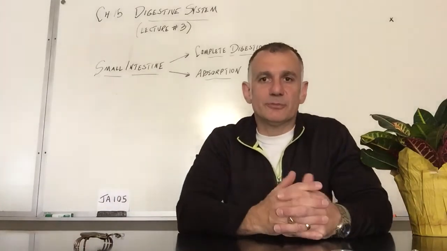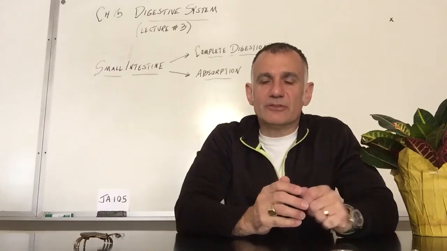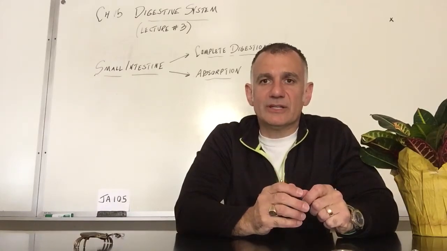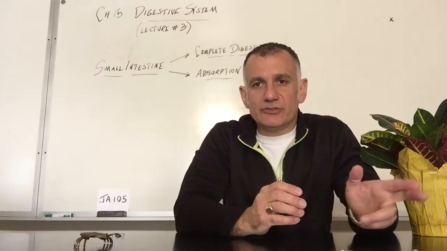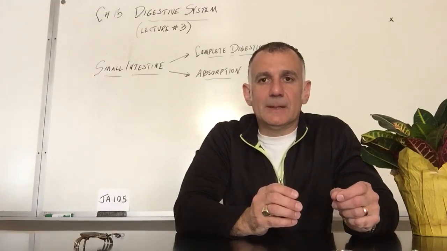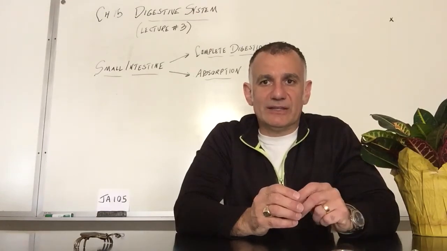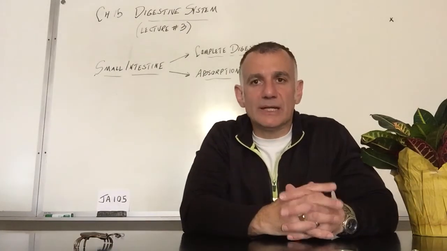So what happens in the small intestine? A lot of things. There are 3 regions of the small intestine: the duodenum, the jejunum, and the ileum. They look a little bit different anatomically, but they have different functionalities, different physiologies, and that's what I'm going to discuss with you. So the first region is the duodenum.